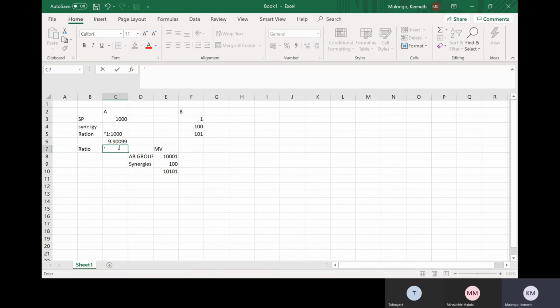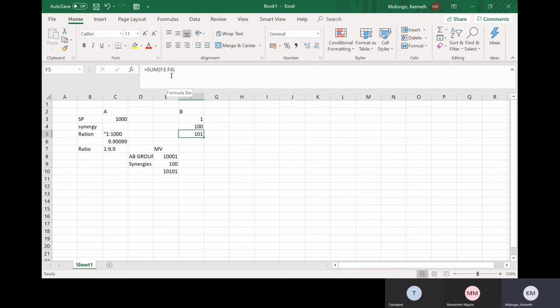Now our ratio has changed to 1 to 9.9. So in the beginning, 1 A share will give you 1000 B shares.